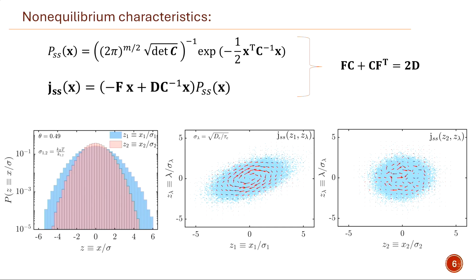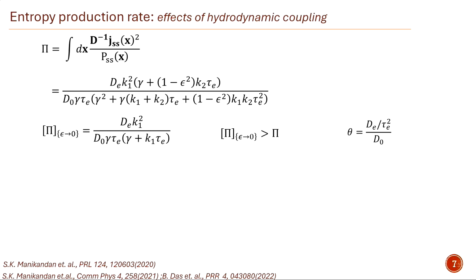Then we estimate the entropy production rate with the interaction and with x1, x2, lambda, three degrees of freedom, and we can take the limit when there is no interaction, epsilon tends to 0. What we get is that without the interaction, the entropy production rate in this phase space spanned by x1, x2 and lambda is higher than with the interaction.